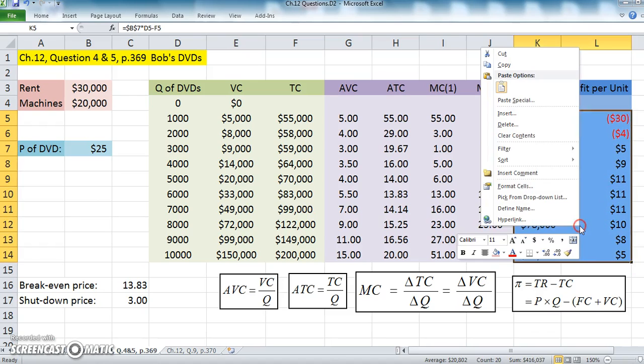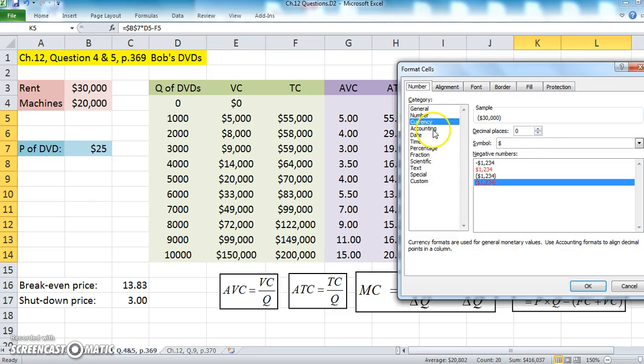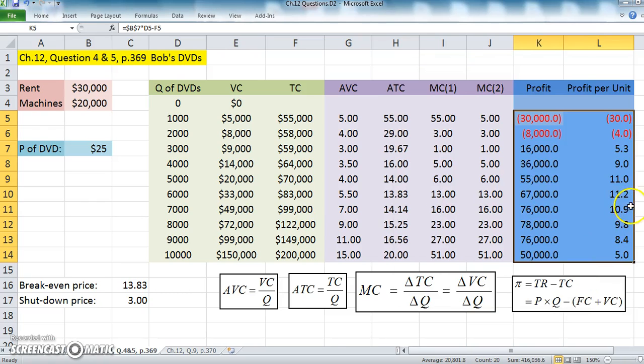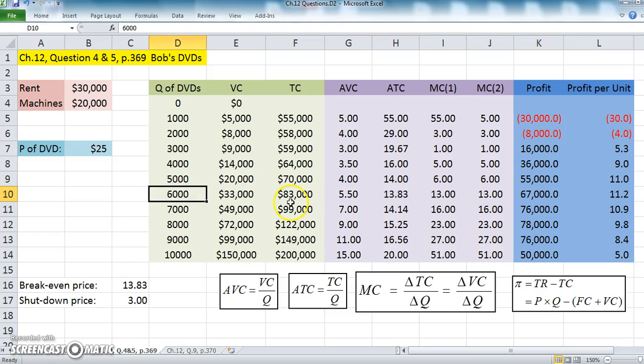So I didn't check the decimal places, but let's just make sure. Yeah, okay. So we have highest profit per unit, 11.2, which occurs at 6,000. But then the highest total profit we see is occurring at a quantity of 8,000.